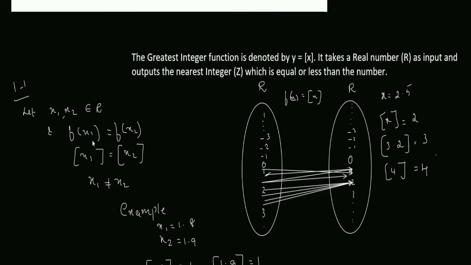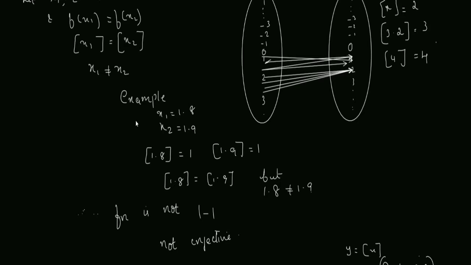We will prove the function is not one-to-one. So take x1, x2 belongs to R and f of x is the greatest integer of x. So f of x1 will be the greatest integer of x1 and f of x2 the greatest integer of x2, with x1 not equal to x2. Example, let us take x1 as 1.8 and x2 as 1.9. What is the greatest integer of 1.8?